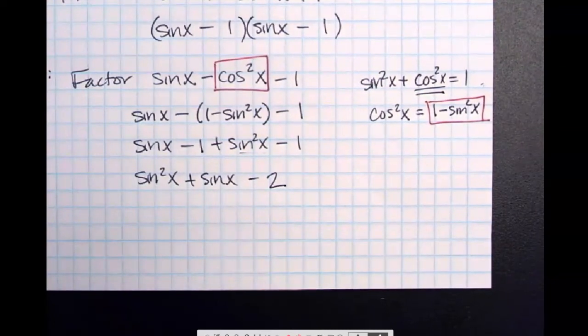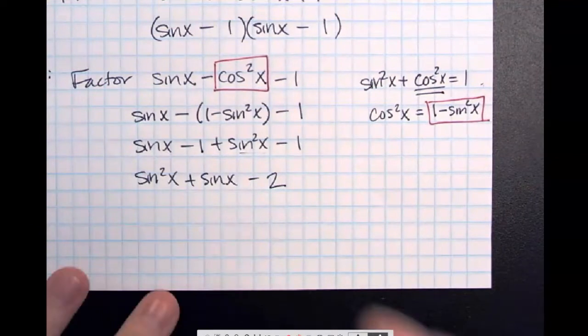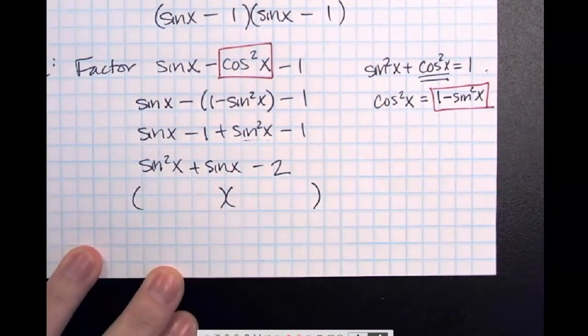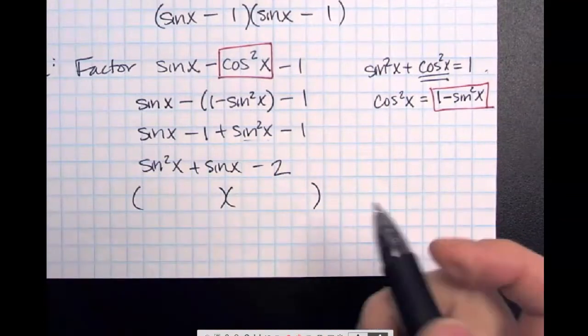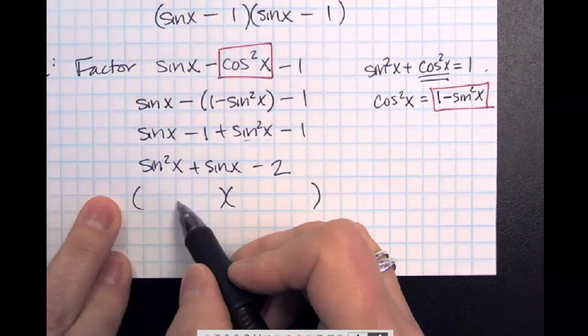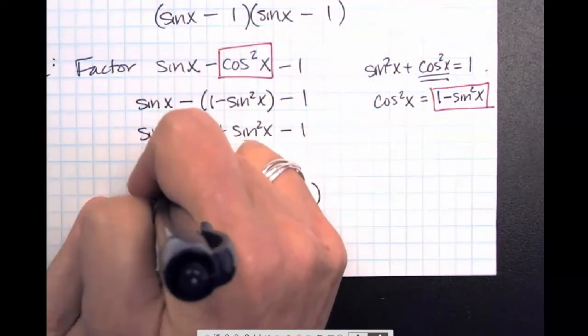Okay, can we factor this? Set up your two factors, because I don't have a greatest common factor. What two things do I multiply together to get sine squared? Sine times sine.